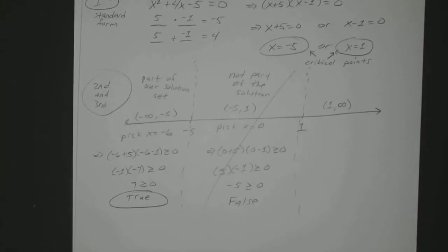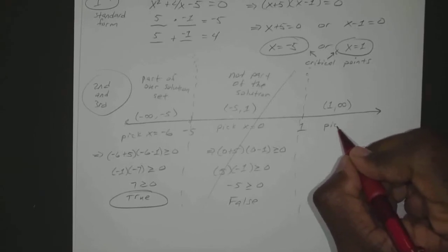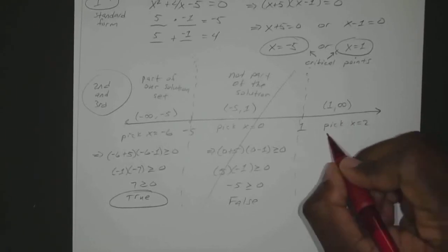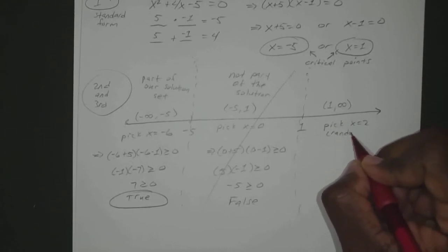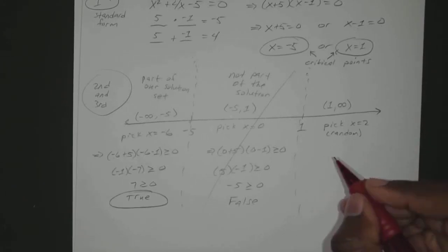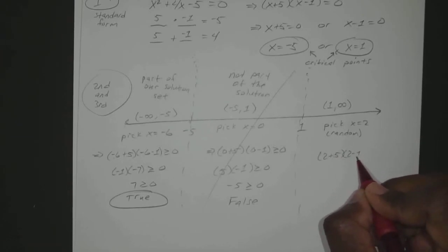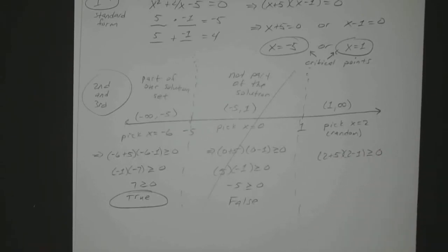Then we go from 1 to infinity. I'll just pick x equals 2. And plug it in, see what we get. So we have 2 plus 5 times 2 minus 1 is greater than or equal to 0.